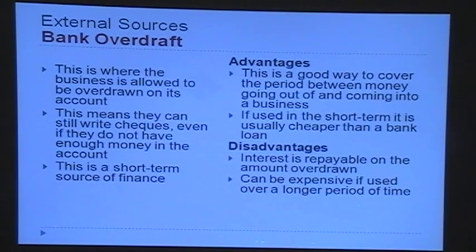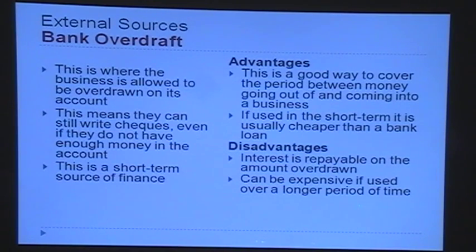Bank overdraft. The bank overdraft is a short-term source of finance. This is where the business is allowed to be overdrawn on its current account. This means they can still write checks even if they do not have enough money in the bank account.